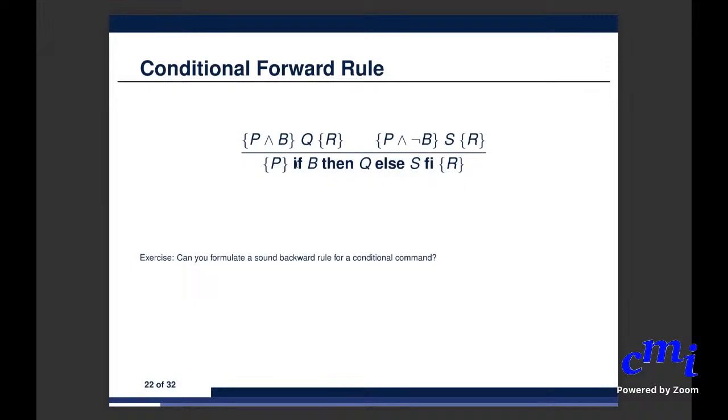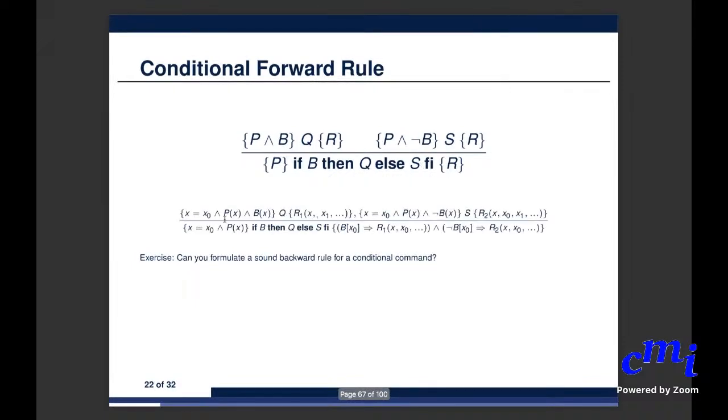First you push P and B across Q, and then you push P and not B across S, and then you construct the combined strongest postcondition.